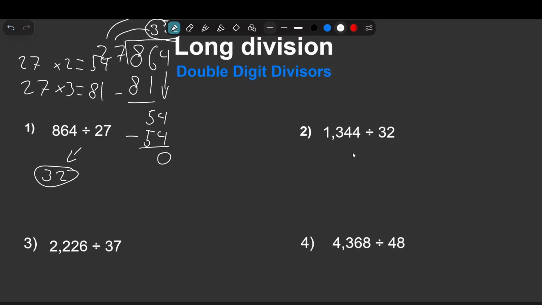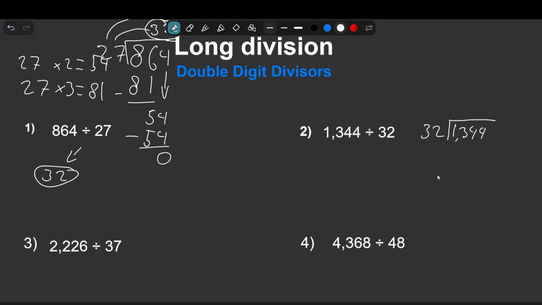Well, again, first step we're going to take is we're going to set the problem up. So we're going to do like this, 32 first, and then our number, 1344. So now we can start by dividing. So the first step we take is how many whole groups of 32 fit into 1?